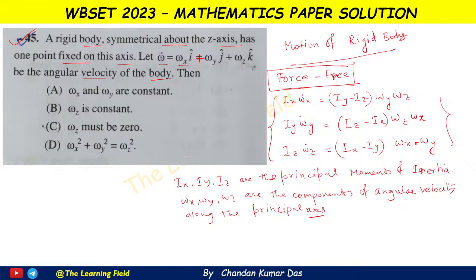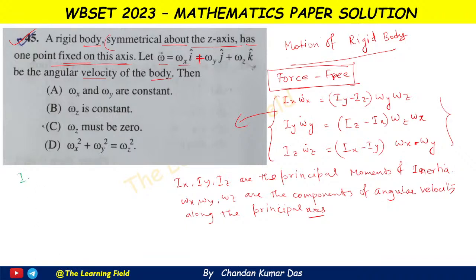Now it says that the body is symmetrical about the z axis and has one point fixed on the axis, so what is the equation of motion in that case?